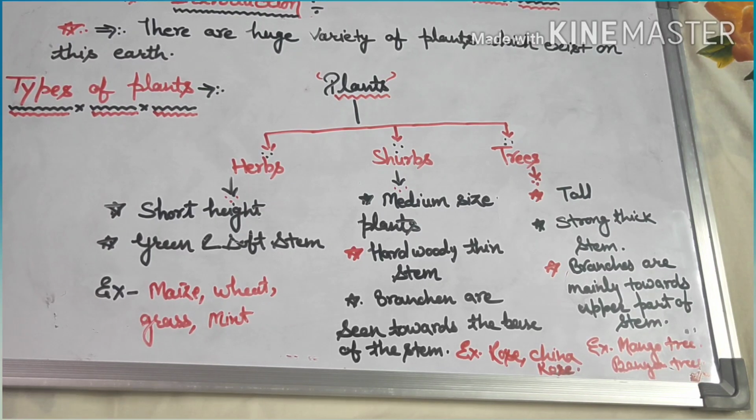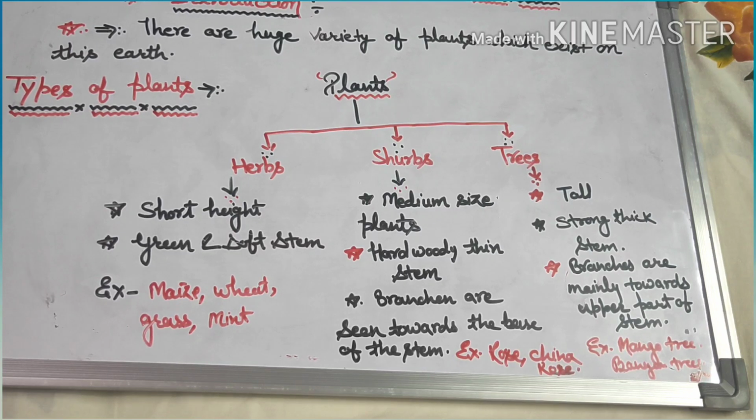Herbs are of very short height. They have a green and soft stem. For example, maize, wheat, small green grasses and mint are all examples of herbs. If we talk about shrubs, the height of a shrub plant is medium, and it has a hard, woody, thin stem.